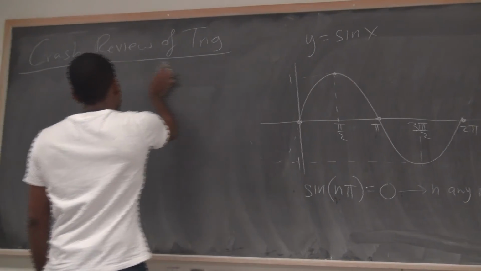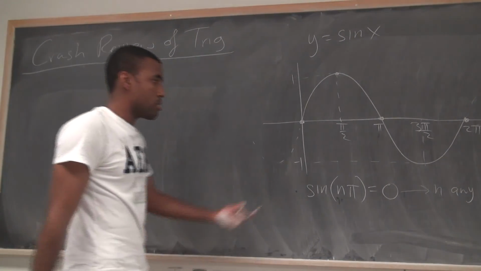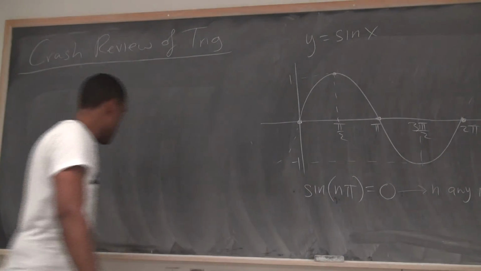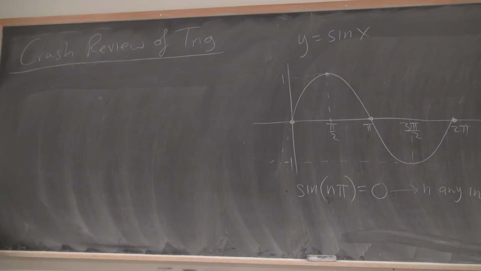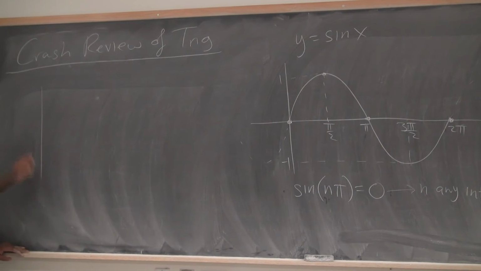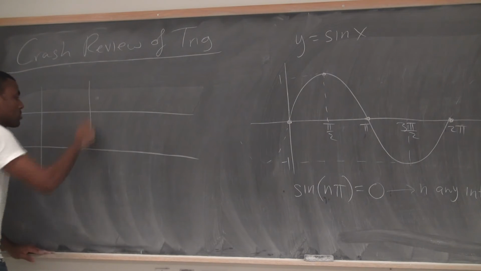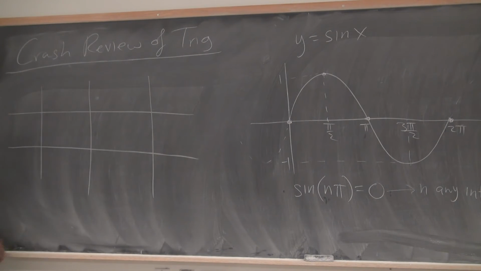We can use Pythagoras' theorem to discover some nice values for these two functions. I don't like to use the triangles once we actually figure them out, though. I like to represent these angles in a table, which is easy to fill out, right? So you put theta, this is sine theta, this is cosine theta.